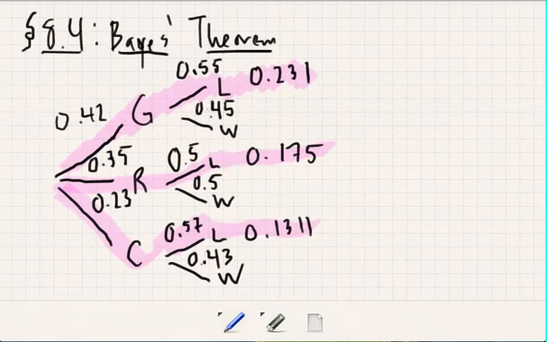Now, altogether, this means that the probability that a Republican loses is just the sum of these three things, and that adds up to 0.5371. But let's pretend that somehow you travel to the future, and you find out that indeed the Republican candidate lost.